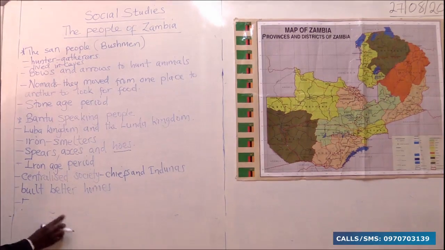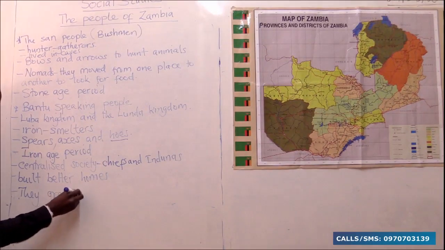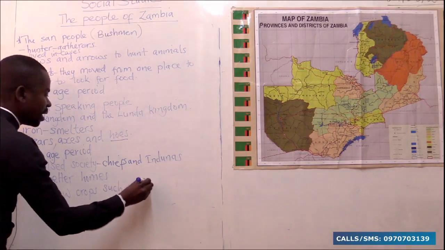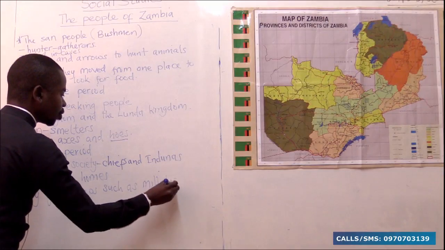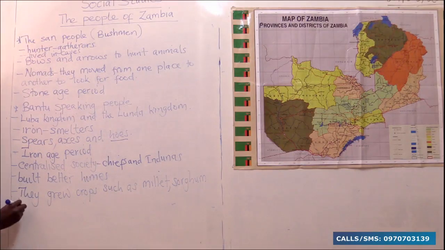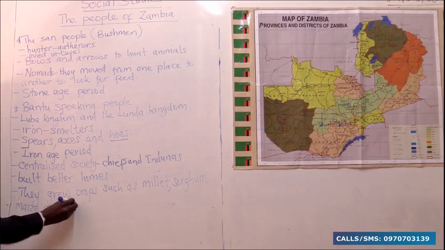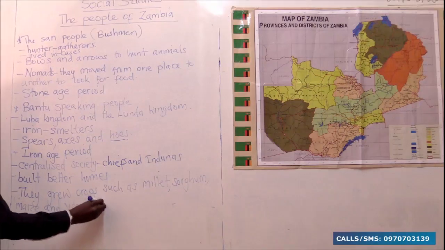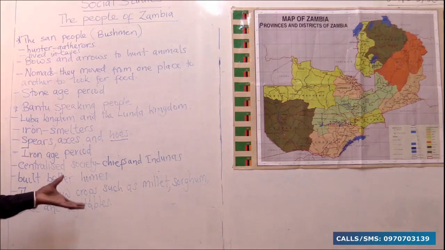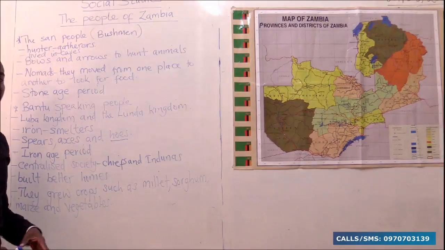They grew crops such as millet, sorghum, maize, and vegetables.